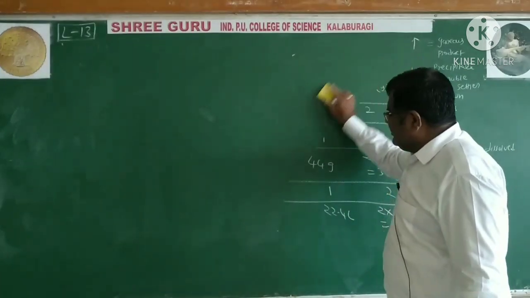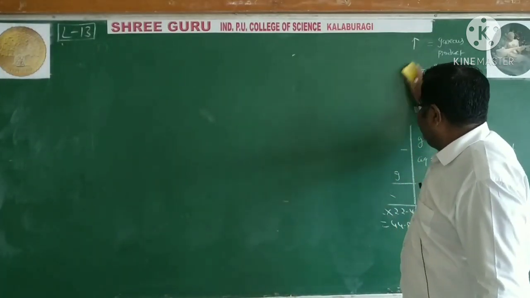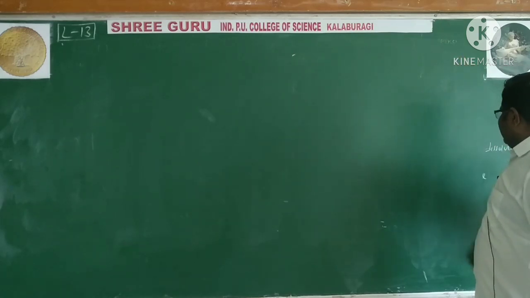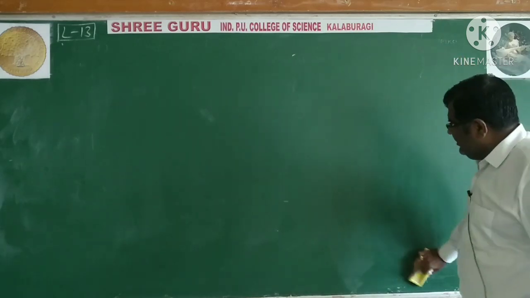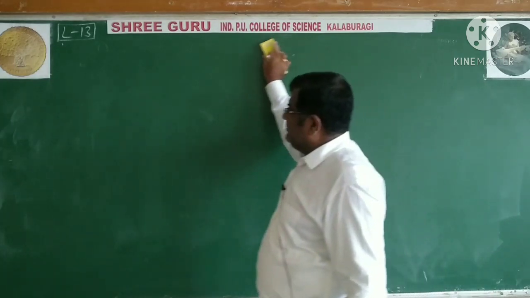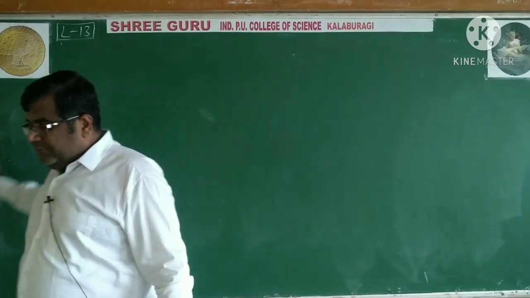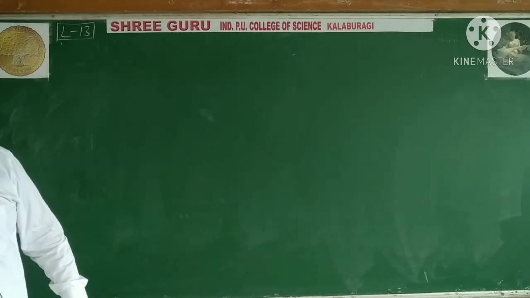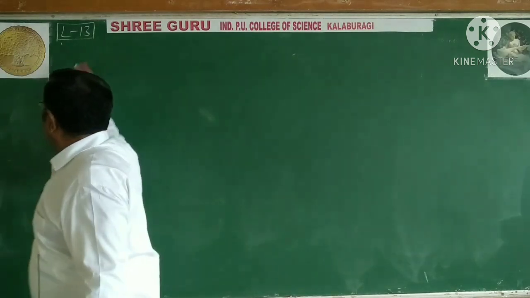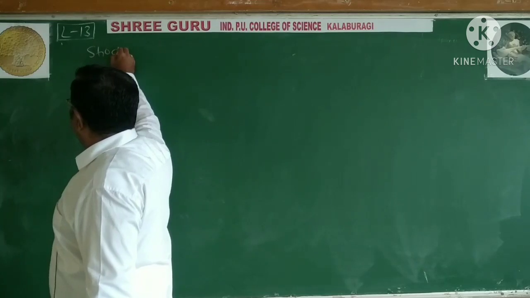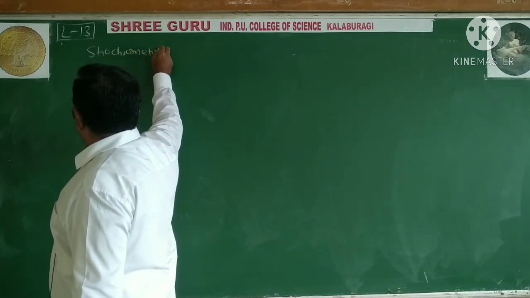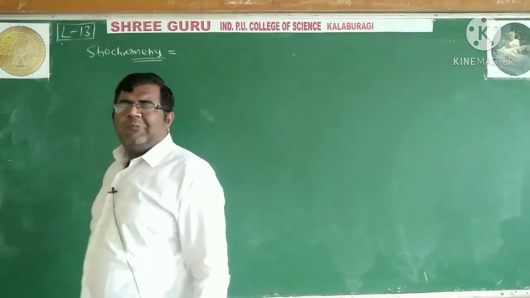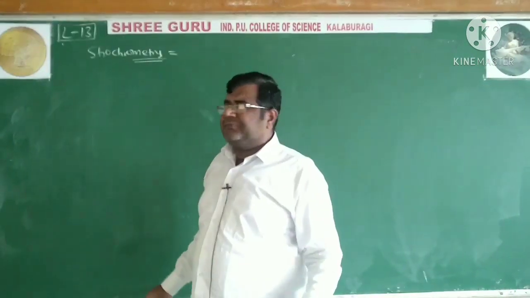Now we are dealing with stoichiometry and stoichiometric calculations. So first we will define what we mean by stoichiometry. Metry means to measure, and stoichio means amount.